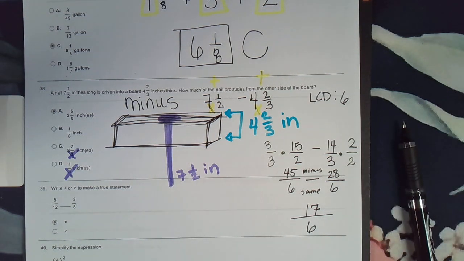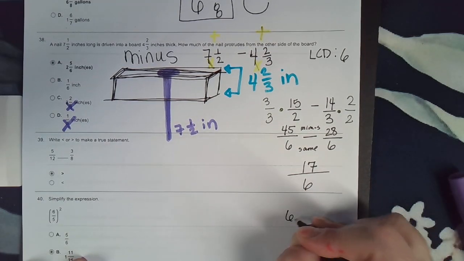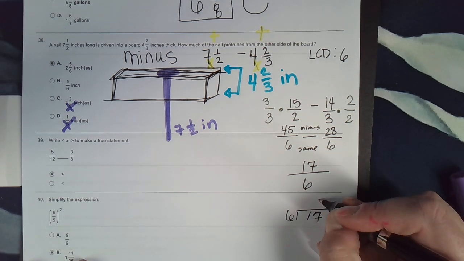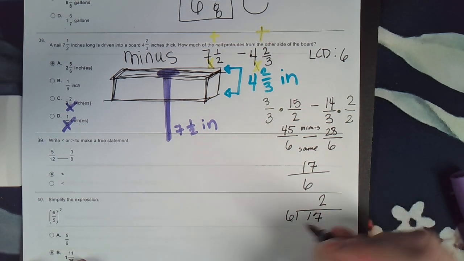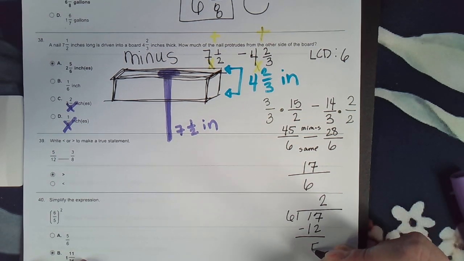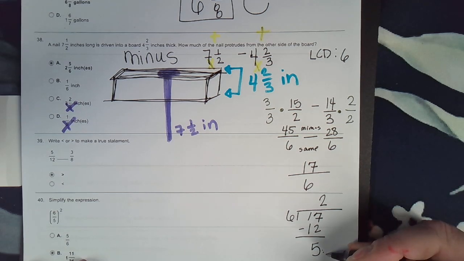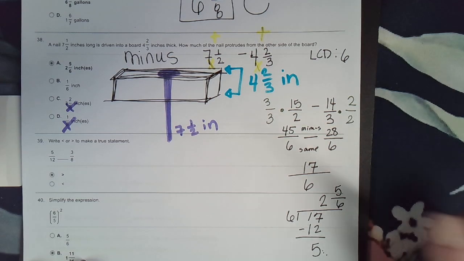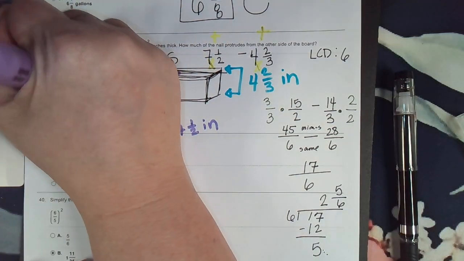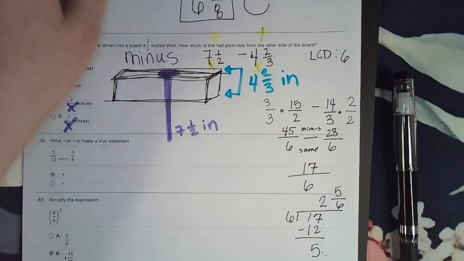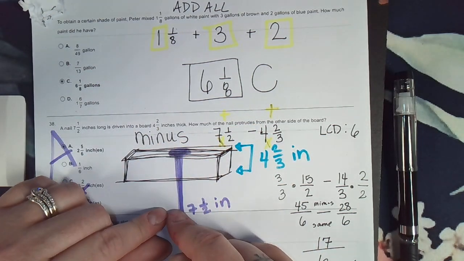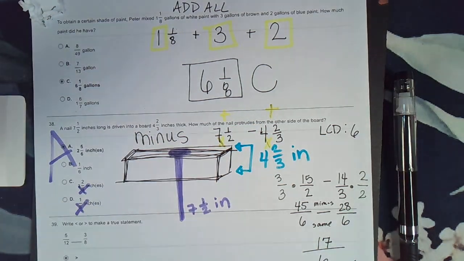Okay, to figure out the mixed number, we're going to say 6 goes into 17 how many times? 2-ish to make 12, with 5 left over, with a remainder of 5 over what we divided by 6. So, A. The key word on this one that you're going to have to remember is that protrudes means it sticks out the other side.